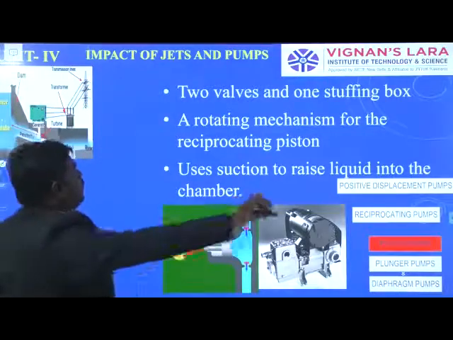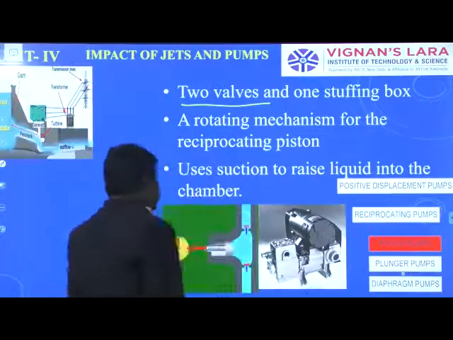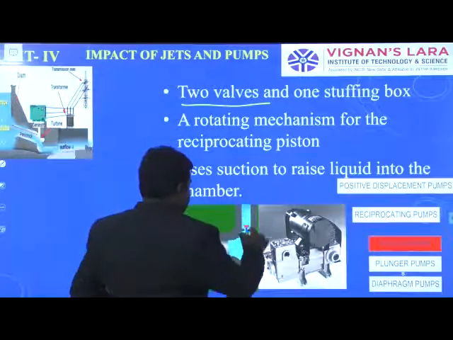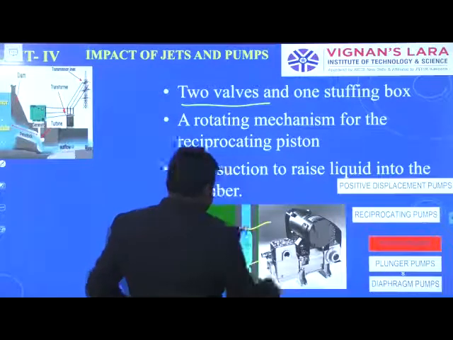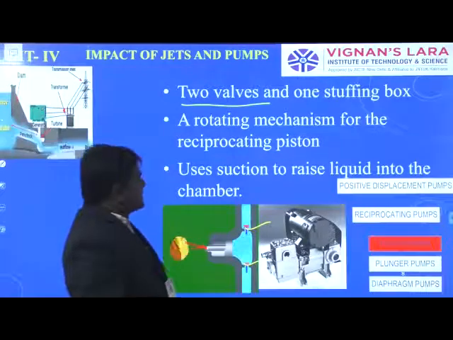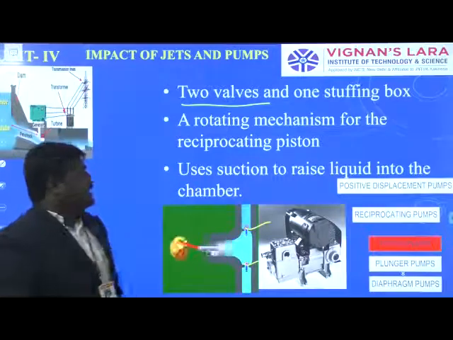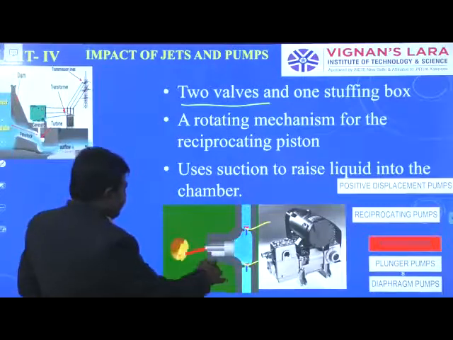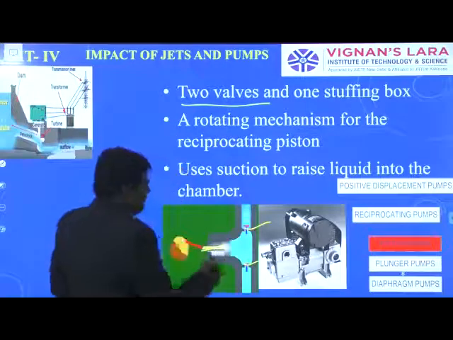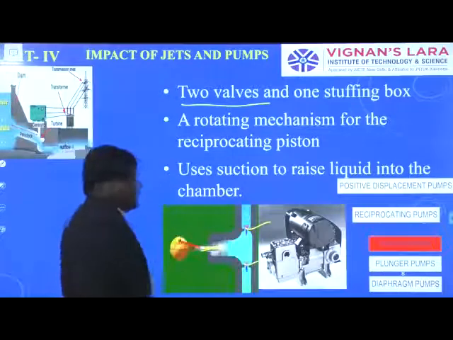So this is the piston pump. There are two valves here: this is one valve and the second valve is this. It has two valves and one stuffing box, with a reciprocating piston. The piston moves from top dead center to bottom dead center and back to top dead center.